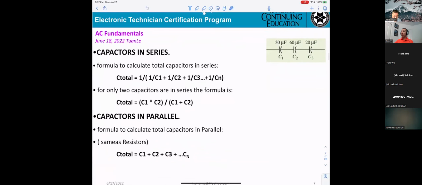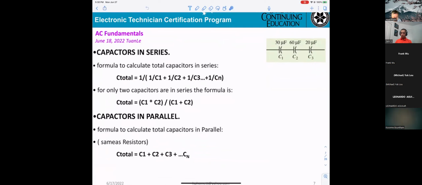Now, for capacitors in series, if you have 30 microfarad, 60, and 20 in series, to calculate the total you apply the formula opposite to the resistor. Total equals 1 over C1 plus 1 over C2 and so on.